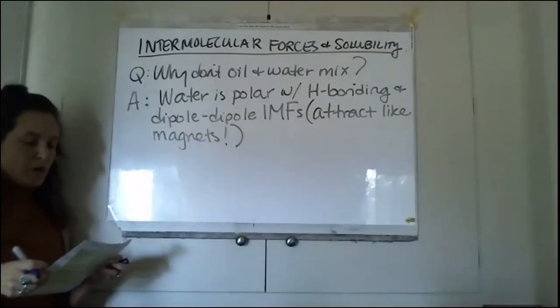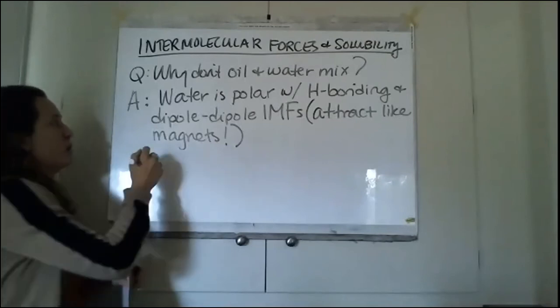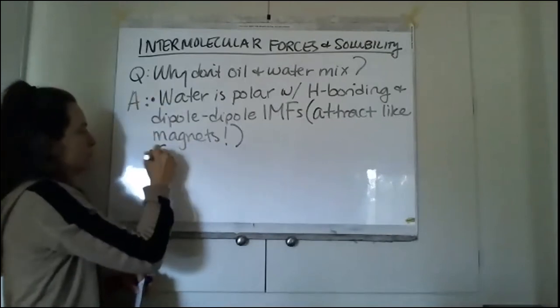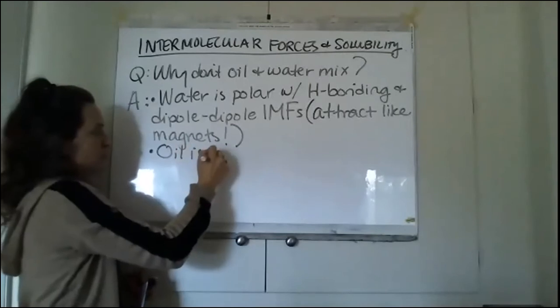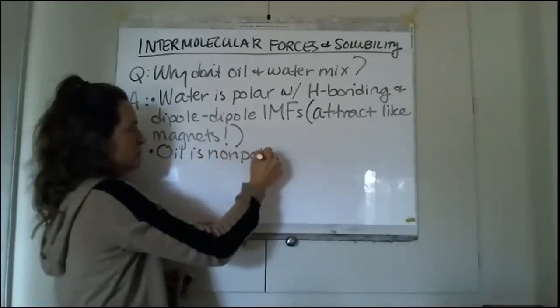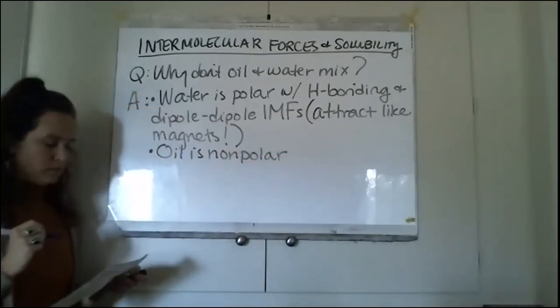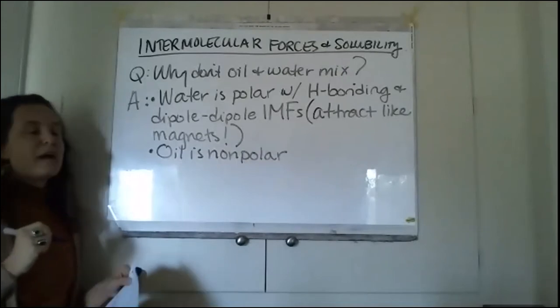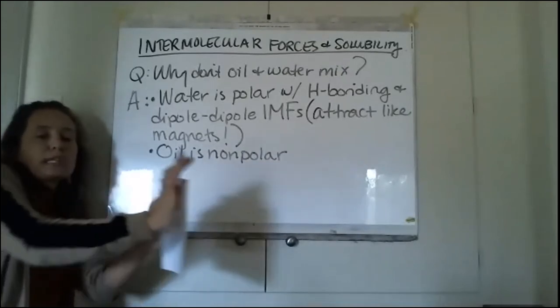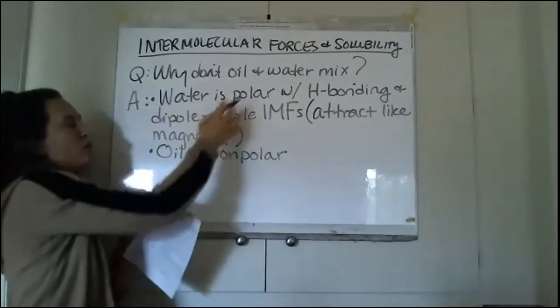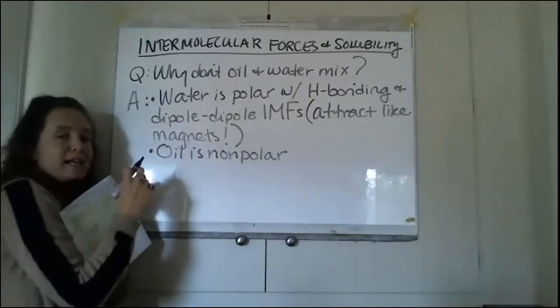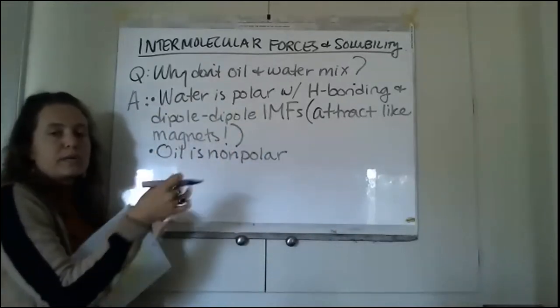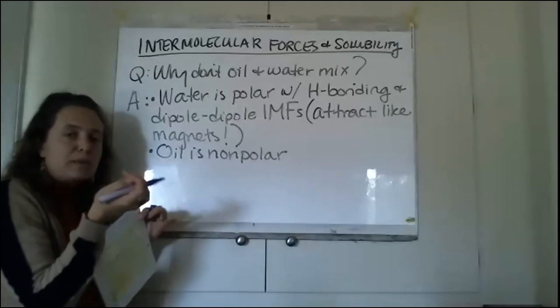Whereas oil is nonpolar. So that means water kind of pushes the oil out, because the water molecules attract to each other like magnets, but oil is nonpolar, so it doesn't have that sort of attraction between molecules, right?